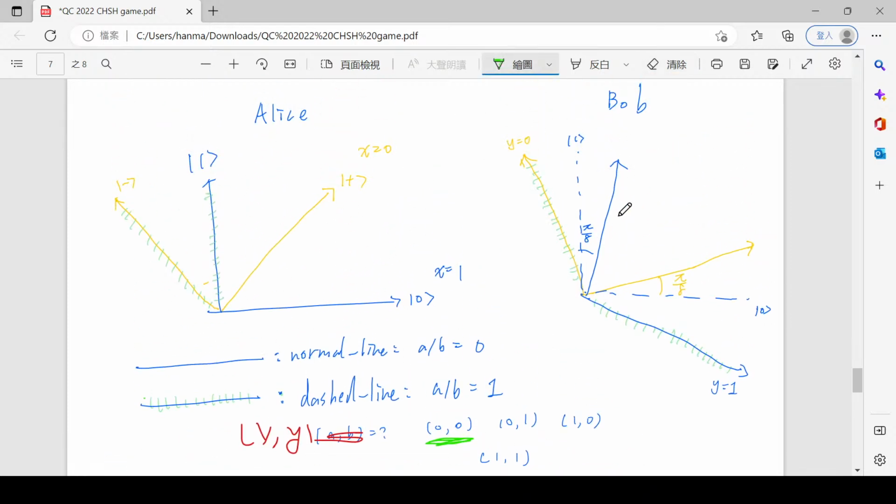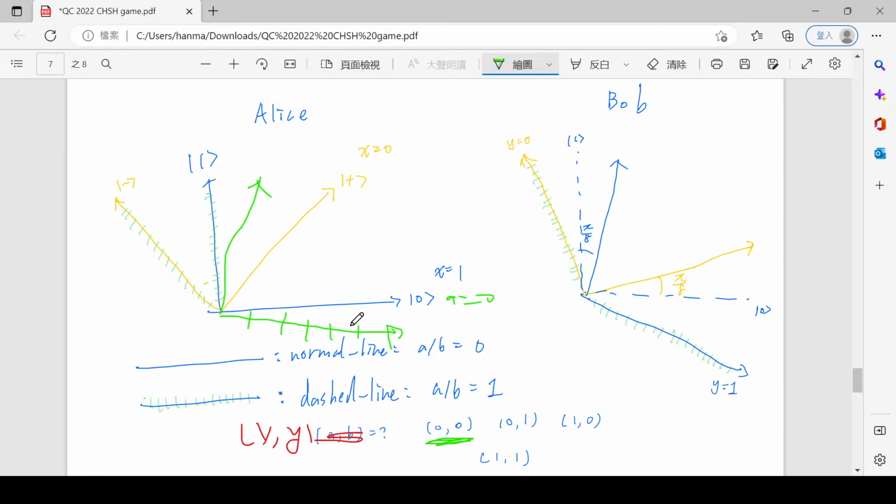Alice is doing this 1 and Bob is doing this. Now you see that they are mismatched, right? So Alice measures in this 0, 1 basis, and Alice gets 0 and should output A equal to 0.